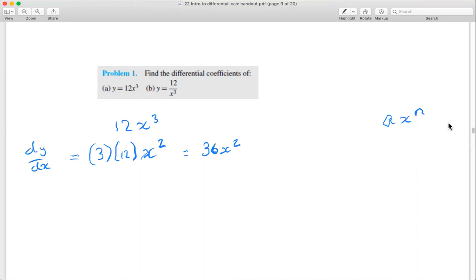So the first differential of 12x to the power of 3 is 36x squared. Gotcha. So that's A.